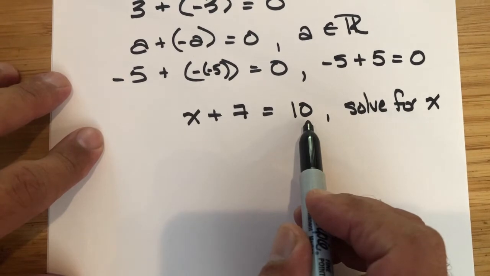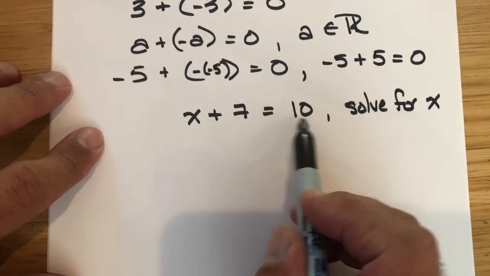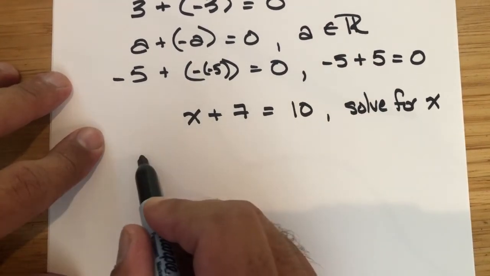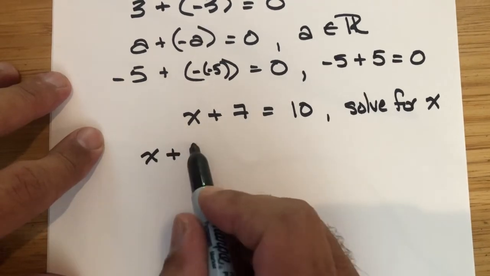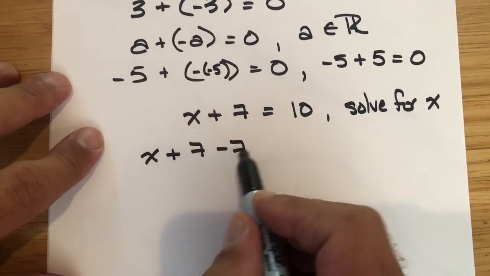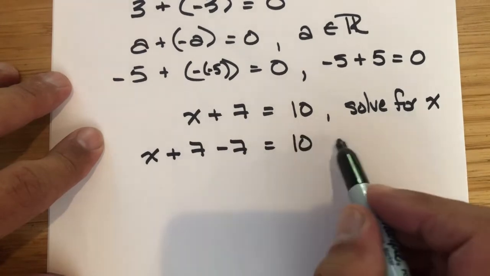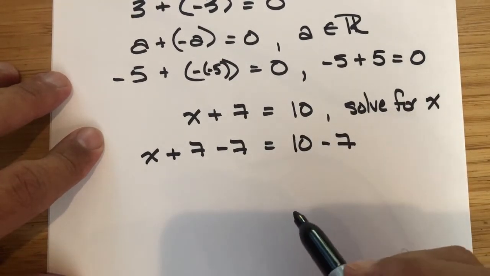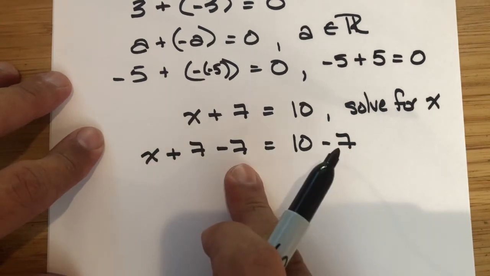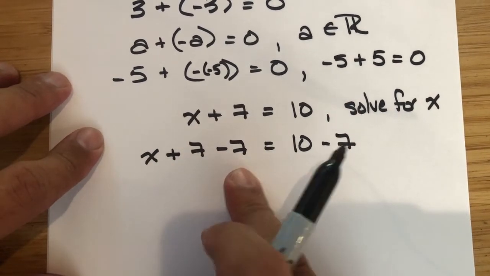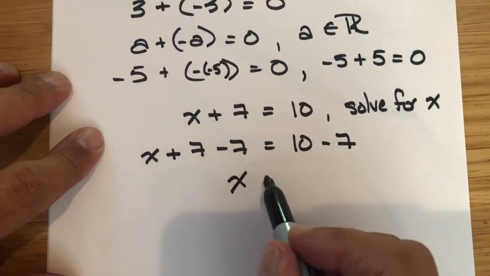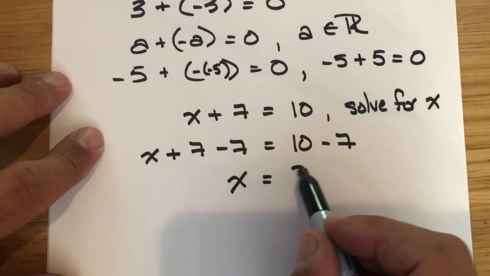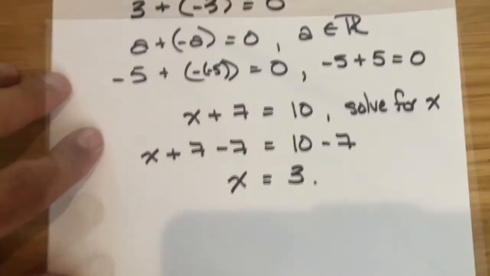To do so, I just apply the additive inverse of 7 to both sides. So x plus 7 minus 7 equals 10 minus 7. Now it's just a matter of doing the arithmetic. X plus 7 minus 7, well, that's x plus 0. So this is just simply x equals 10 minus 7, which is 3.